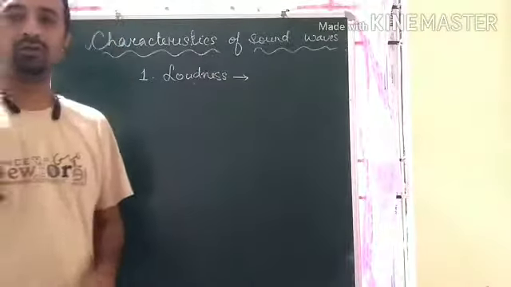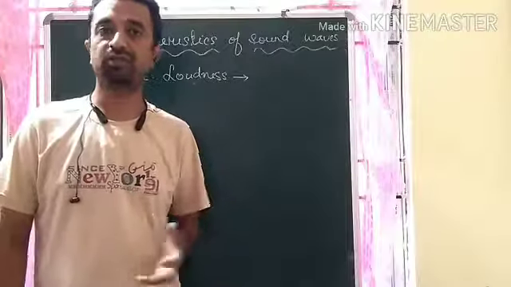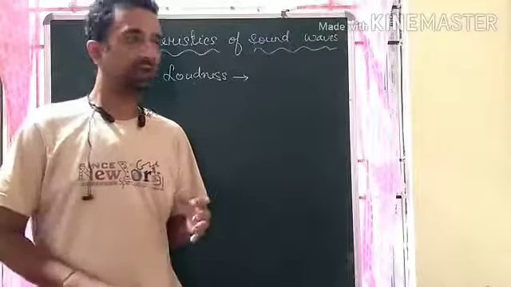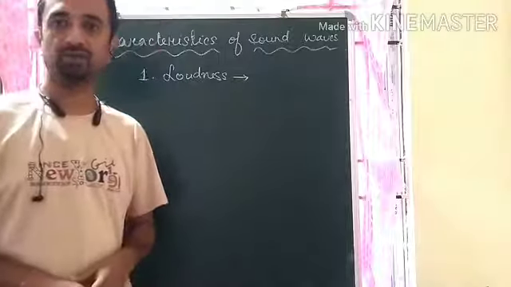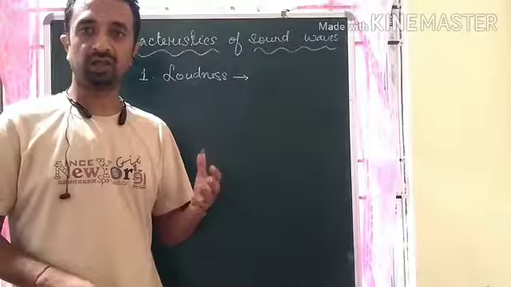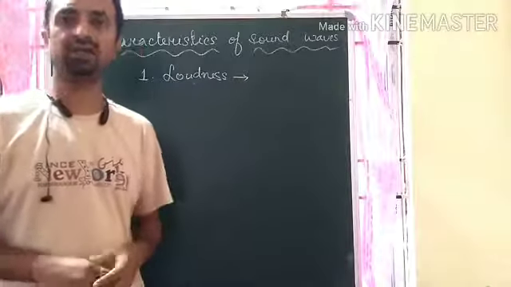We know that some sounds are loud, some sounds are soft, or you can say feeble. Like the engine of an aircraft produces a very loud sound. A conversation going on between two persons is a moderate sound.